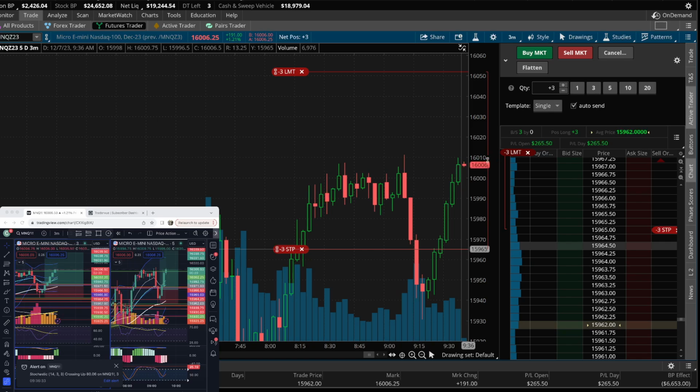All right, so I really want to see it break this area. I want to see it push beyond this last swing high.